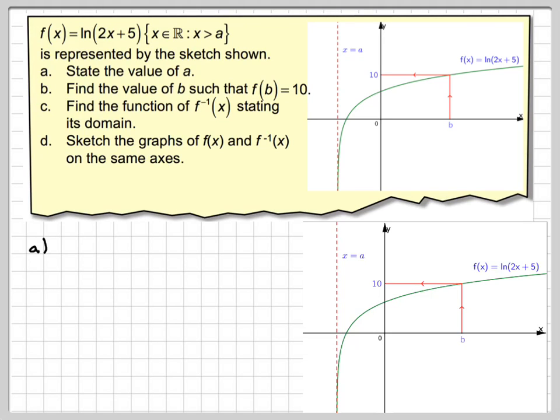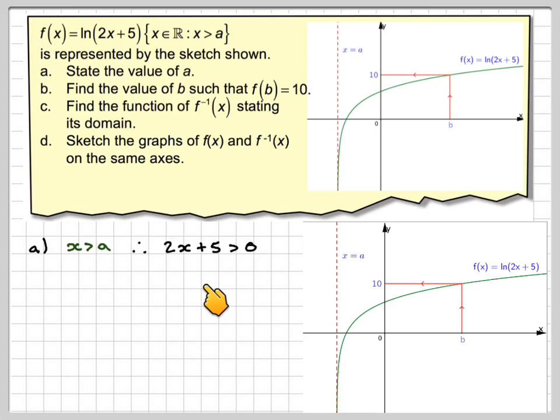So, here is the graph. We first of all have to find the value of this vertical asymptote here. Well, if x is greater than a, the bit here in the logarithm, 2x plus 5, cannot be equal to 0. It always has to be positive because you cannot take the ln of 0.